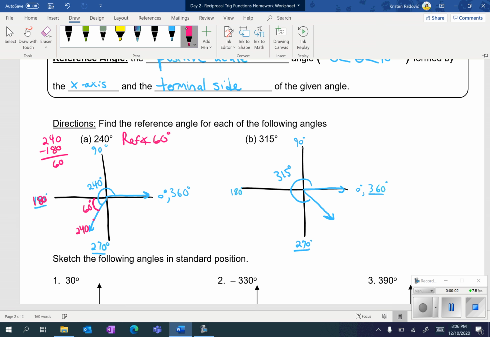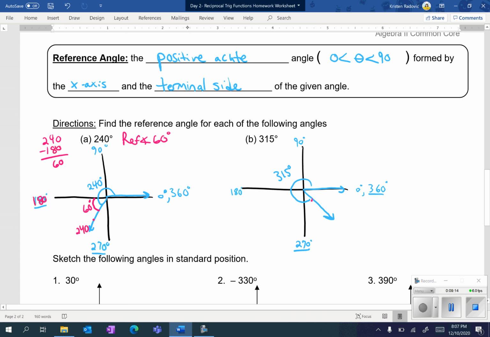So we're going to start at the terminal side and compare it, and this is important, to the closer side of the x-axis. So I'm starting here. My closer x-axis is right up there. That means I started at 315 and I compared it to 360 degrees.